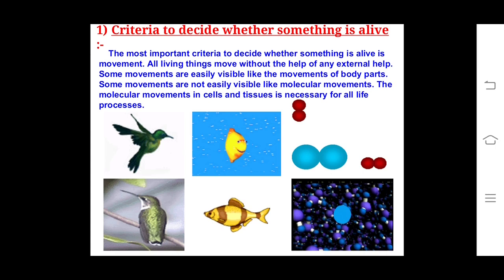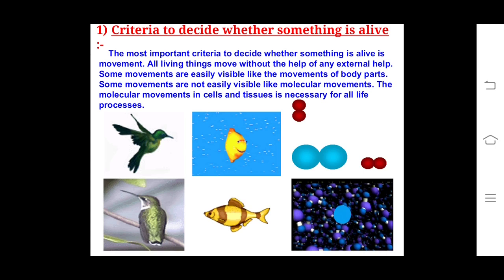Some movements are not easily visible, like molecular movements. The molecular movements in cells and tissue are necessary for all life processes. Streaming movements of cytoplasm or Brownian movements of molecules are not seen, whereas movements like walking, running, raising your hands, opening your mouth, shutting your eyes, all these are seen.